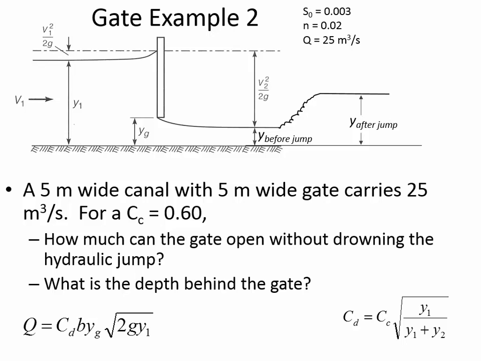Okay? And now the 5 meter width for B, the gate opening of 1.703 meters, and finally, the square root of 2 times 9.81 times y1, which is the upstream depth. So we're trying to find out how much the water is going to pool to be able to get the flow underneath that gate.